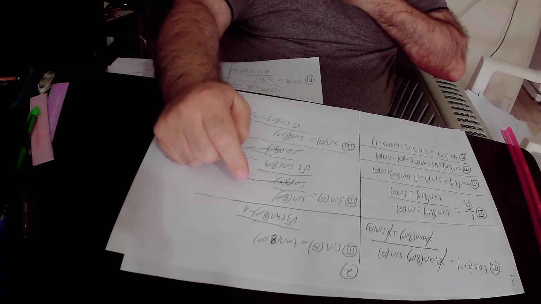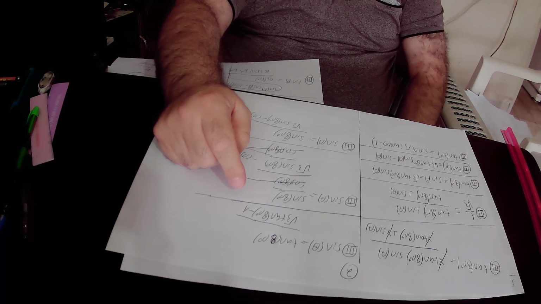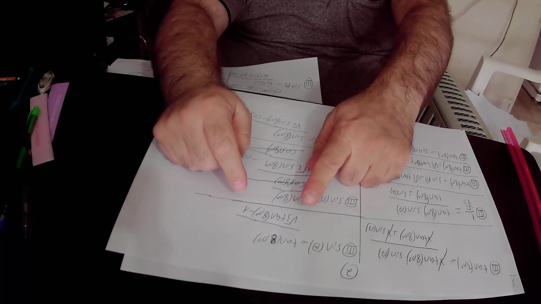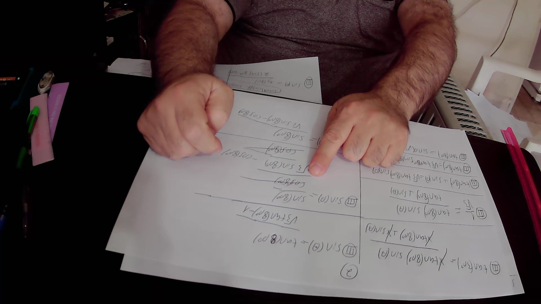Then we know that tangent 80 degrees equals sine 80 degrees over cosine 80 degrees, so we substituted tangent 80 degrees by sine 80 degrees over cosine 80 degrees.